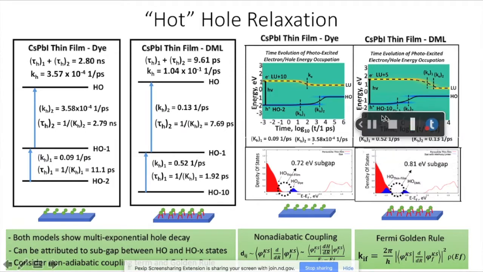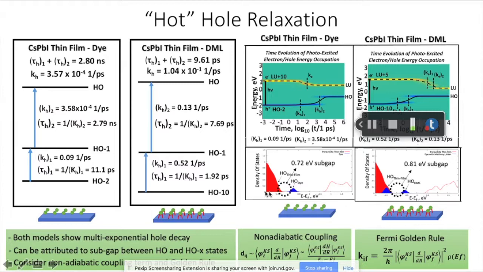And then the Fermi golden rule, which characterizes the transition rates between two electronic states, we can see that the non-adiabatic coupling term, we could show using the Hellmann-Feynman theorem, is proportional to the inverse of the gap between the two states. So for states lower in the valence band, it's essentially a continuous energy spectrum.